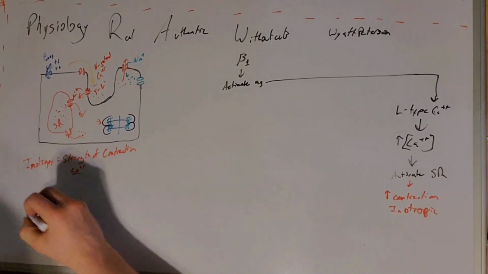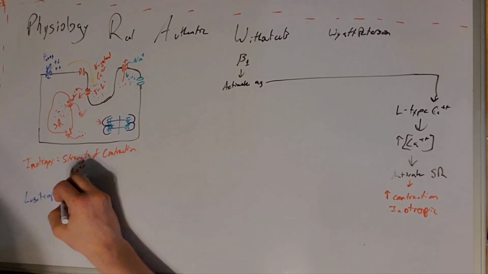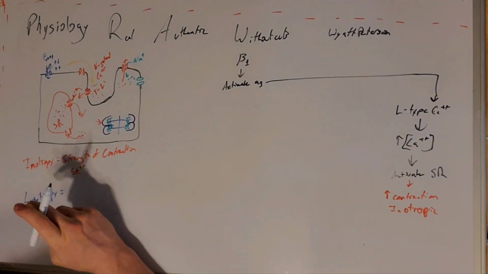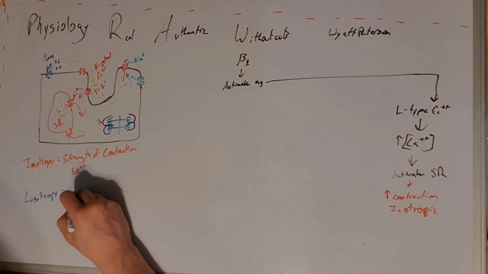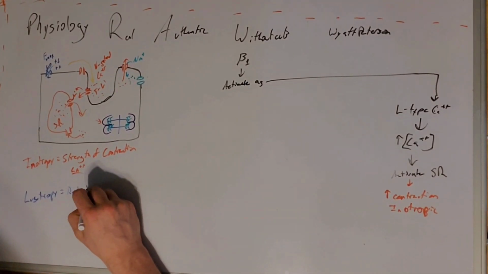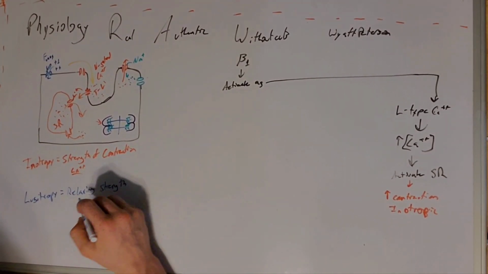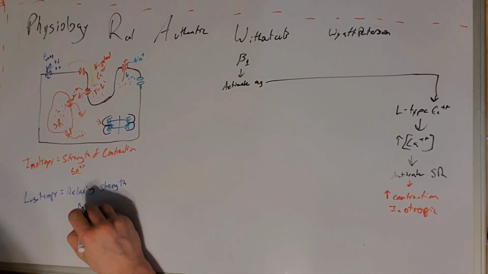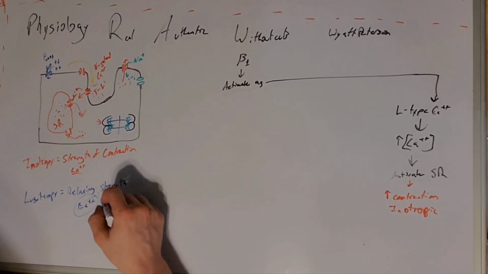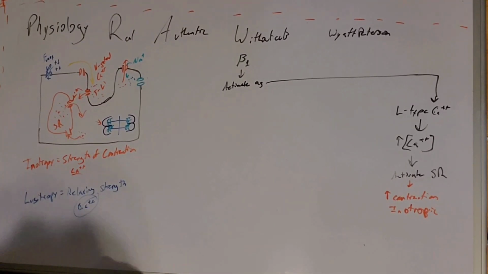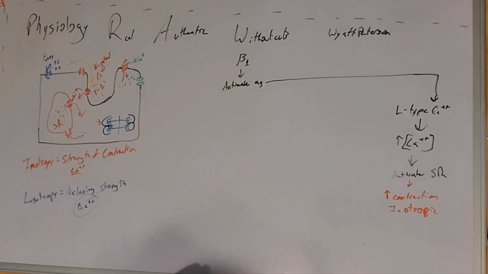And then lusitropy is the ability to relax, like relaxing strength, I guess you could say. So if we make calcium shoot out, if we make it leave really fast, then this will go up. The lusitropy will kick in a lot quicker.